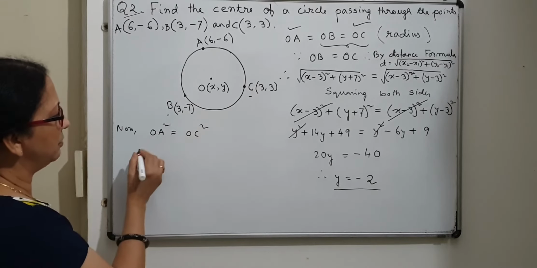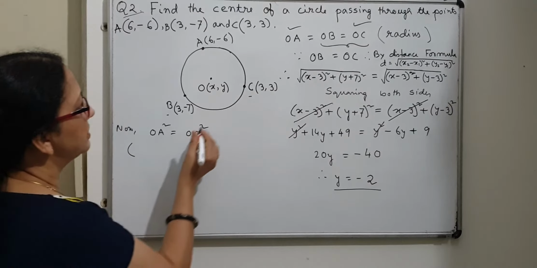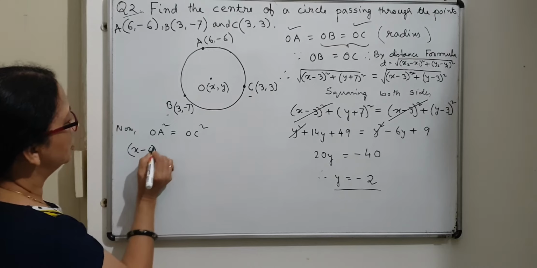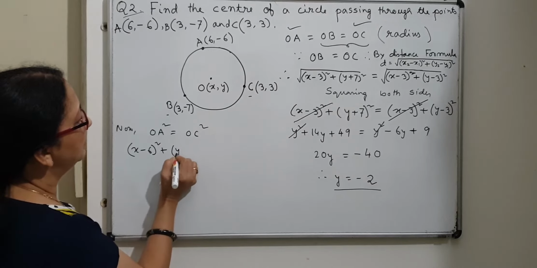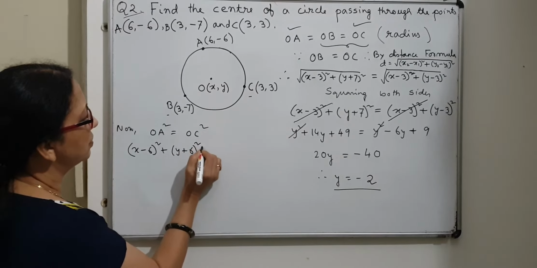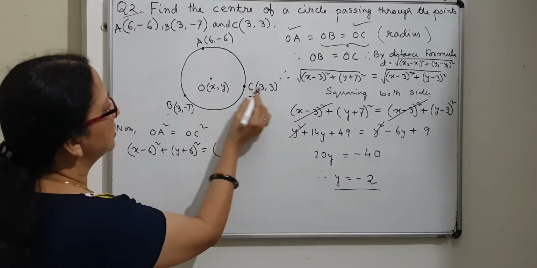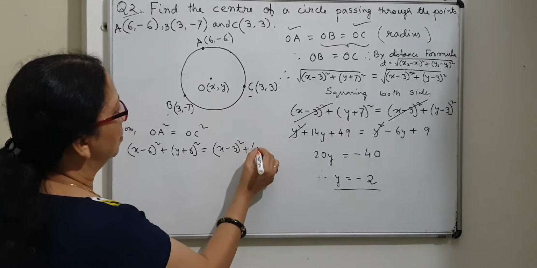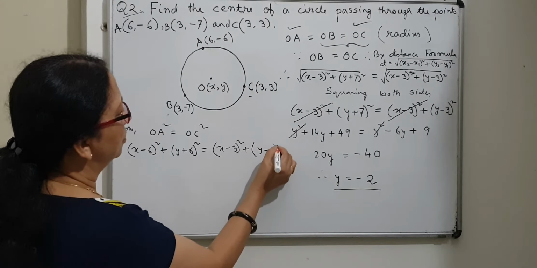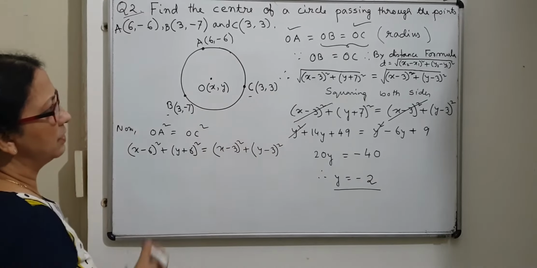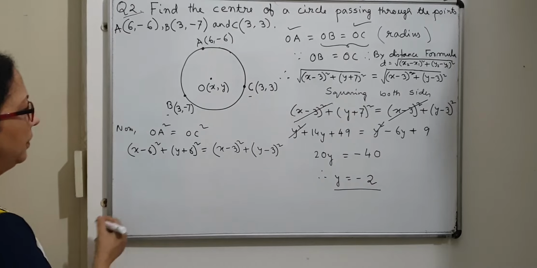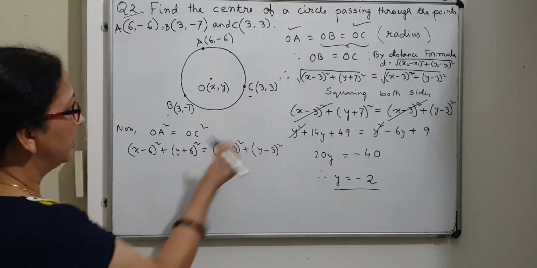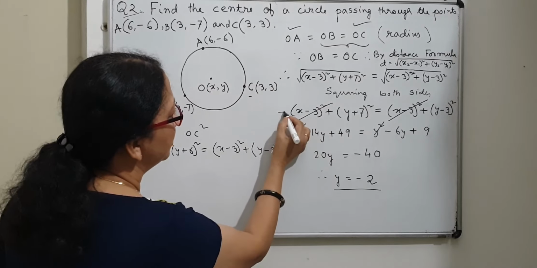By distance formula, OA square will be (x minus 6) whole square plus (y plus 6) whole square, and OC square will be (x minus 3) whole square plus (y minus 3) whole square. The same process I have written; I have not written it in detail, I have directly come to this stage.